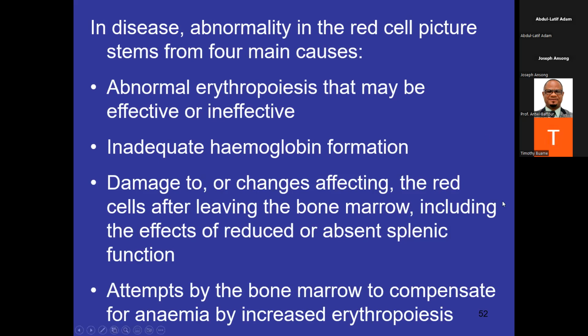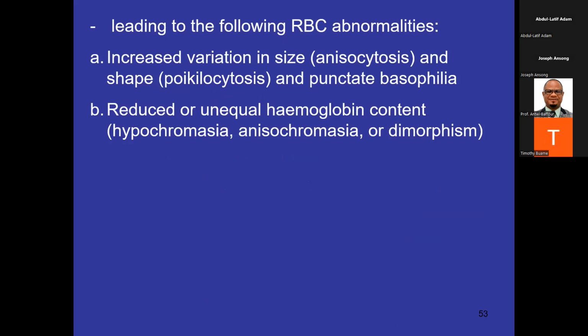The abnormal erythropoiesis is partly linked to the structure that we saw. So when there is abnormal production of red cells, the structure may be affected as well. Okay.